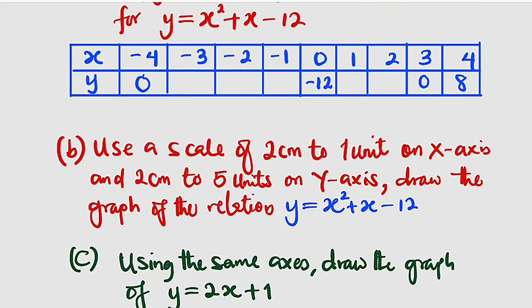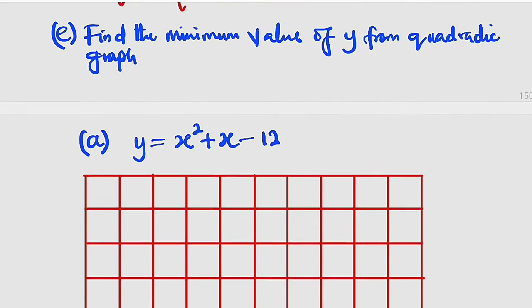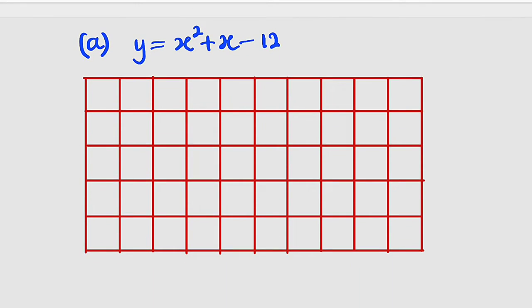All right, we are going to start with the first one where we are asked to copy and complete the table. But I would like to suggest something here. Do not use this type of table because you have to show all workings. Instead, use this type. You see that? We are going to write x here and write y here to the bottom. And remember, the limit of x is already given from -4 down to 4, right?